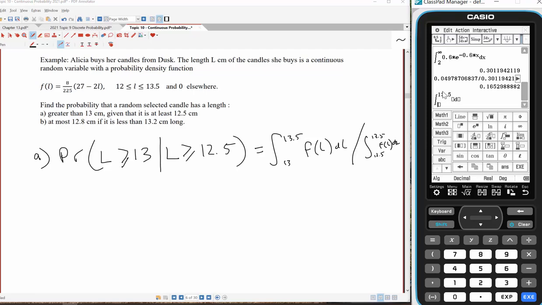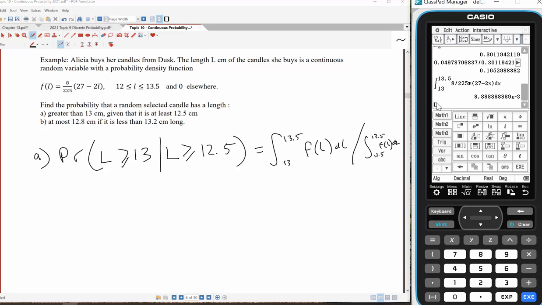13.5 and 13, 8 over 225 times 27 take away 2x dx. So it's rather small, okay, which usually happens when you're at the top end of a PDF function, is that the probability between 13 and the top value, 13.5, is usually low.